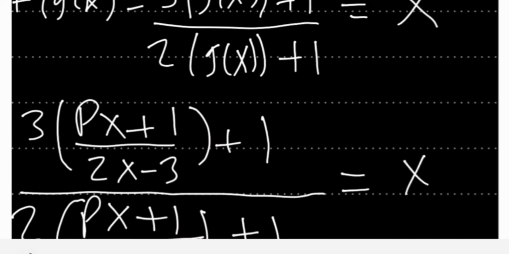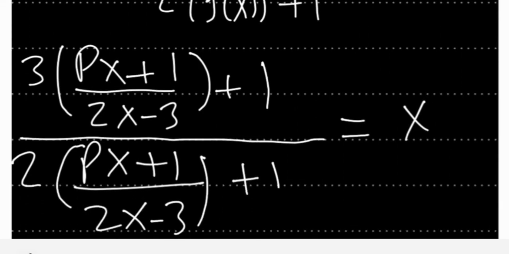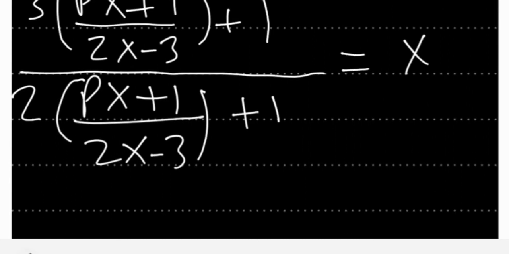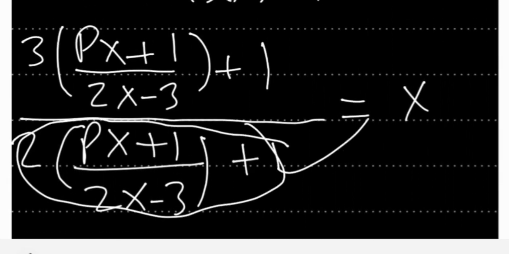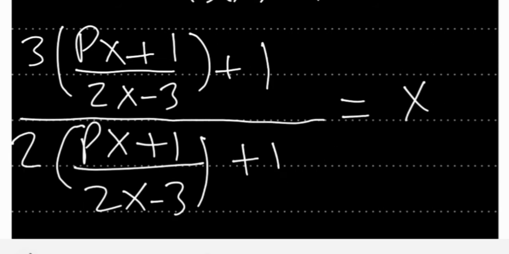Okay, so this is equal to x. And now let's solve to find p. Let's try to isolate p, and by this find the value of p. First of all we are going to send all this to the other side multiplying. The 2 will enter here and the 3 will enter here. So let's do it step by step.